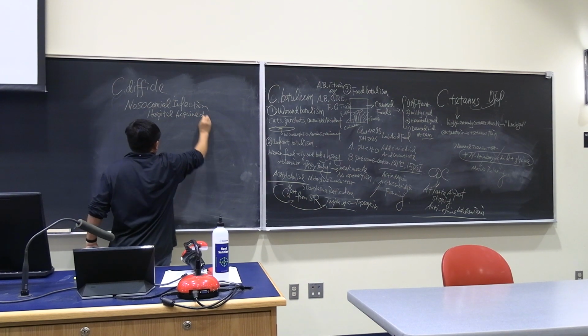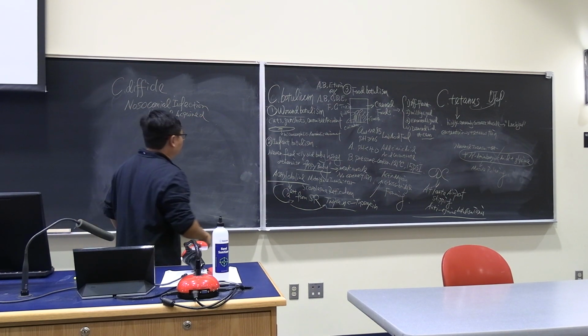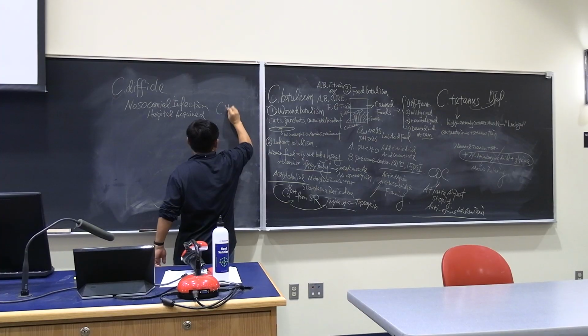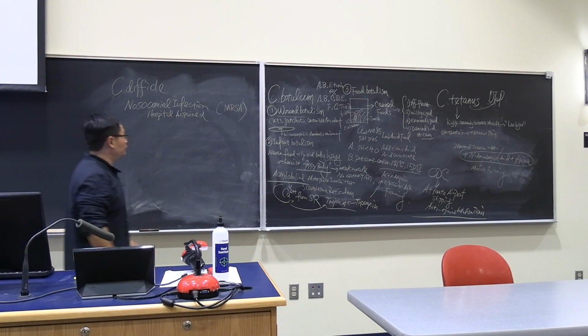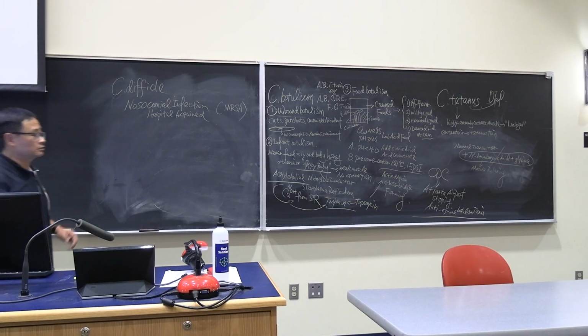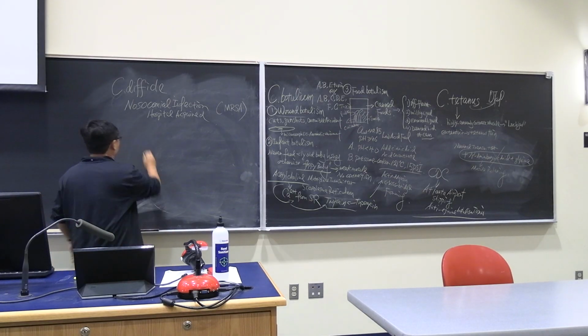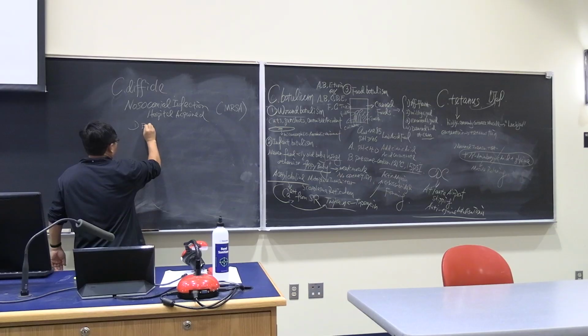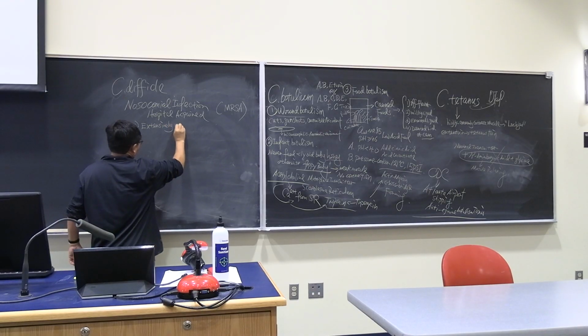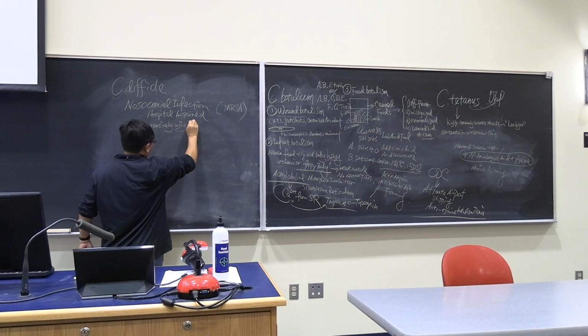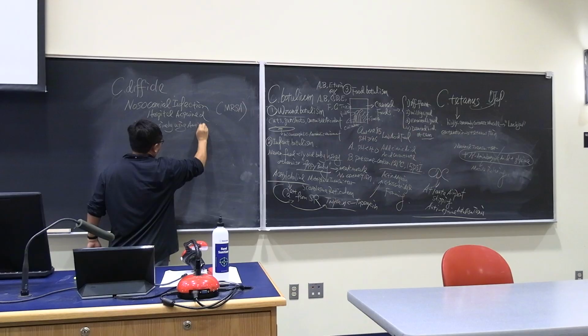We already talked about the first nosocomial infection, methicillin-resistant Staphylococcus aureus. And Clostridium difficile is the second one. So what type of people will have it? Those intensively, or we call it extensively, using antibiotics.